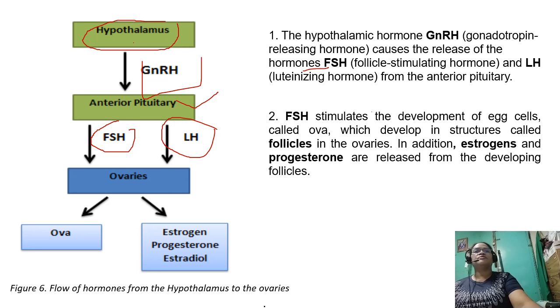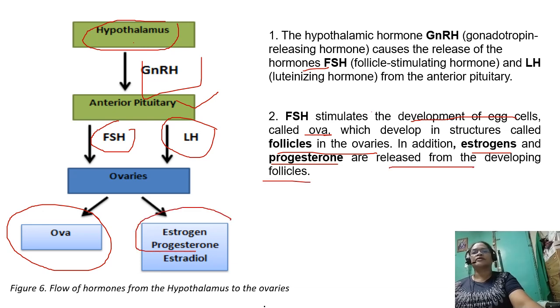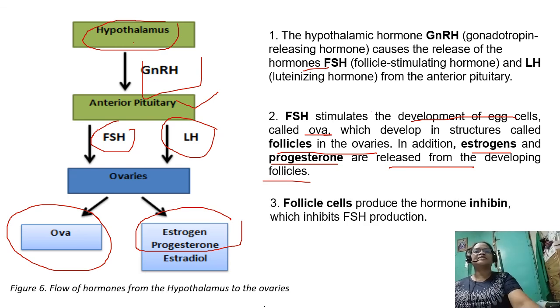FSH stimulates the development of egg cells called the ova, which develop in structures called follicles in the ovary. In addition, estrogen and progesterone are released from the follicles. Follicle cells produce the hormone inhibin, which inhibits FSH, or the follicle stimulating hormone production.